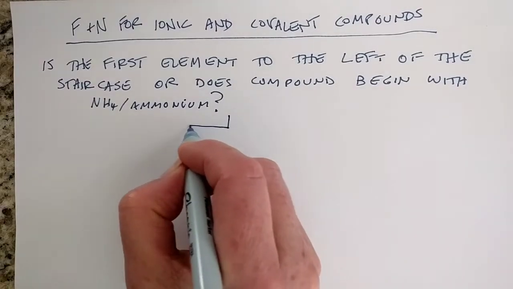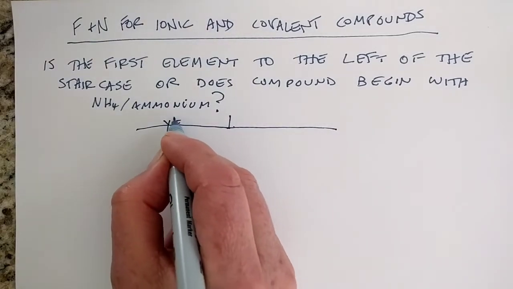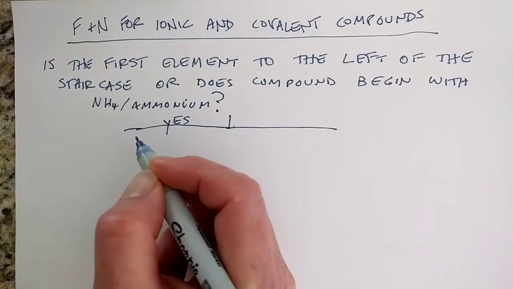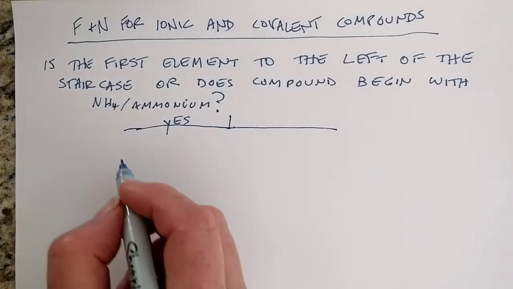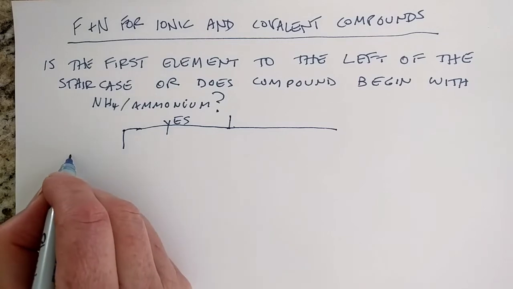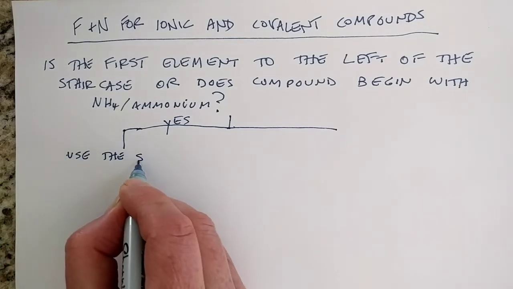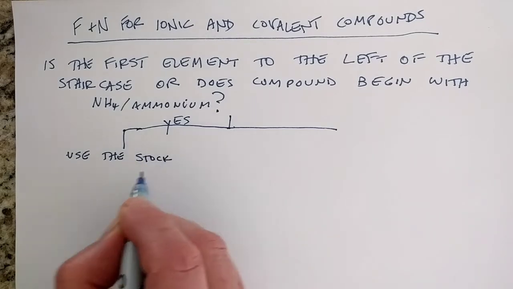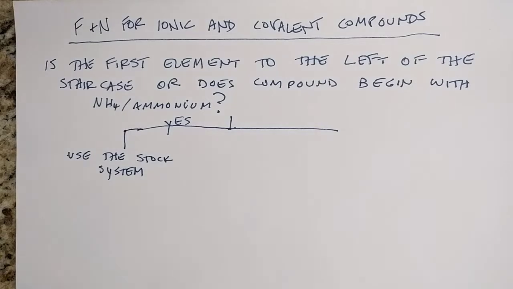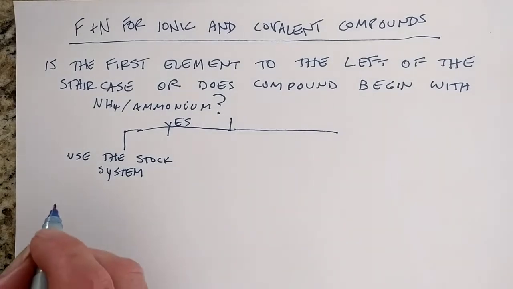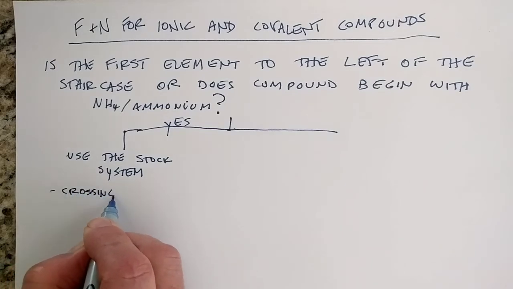All right, so we have two possibilities here. If we answer yes, we do have our first element to the left of the staircase, or ammonium, then we're going to use the stock system that we learned first. And when we're using the stock system, remember, this is where we're crossing charges.